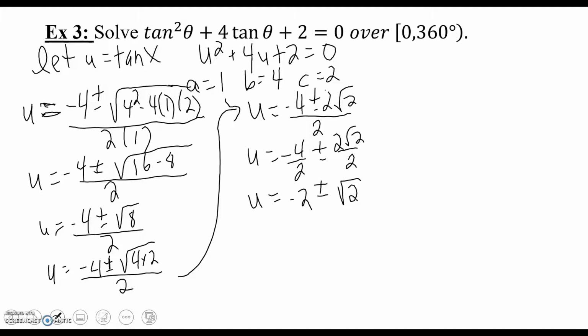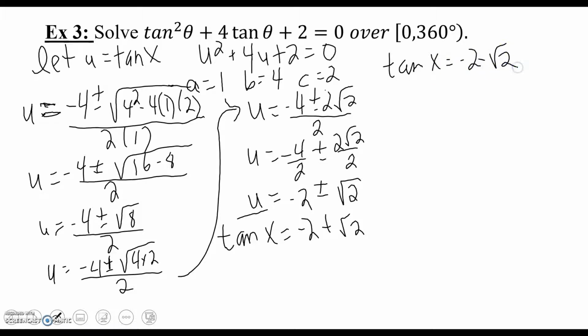So what we're going to do is replace u back with tangent of x. And we're going to say tangent of x is equal to negative 2 plus the square root of 2. And also tangent of x, I'm going to write it up here, is equal to negative 2 minus the square root of 2. And so now we would need to solve for x for both of those, okay?